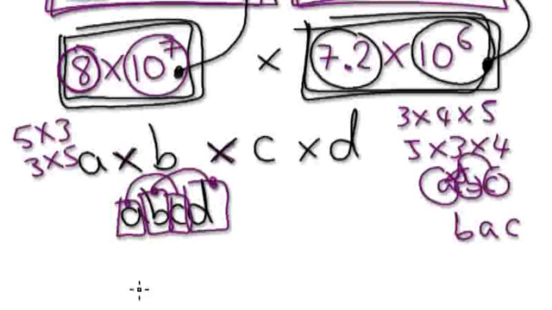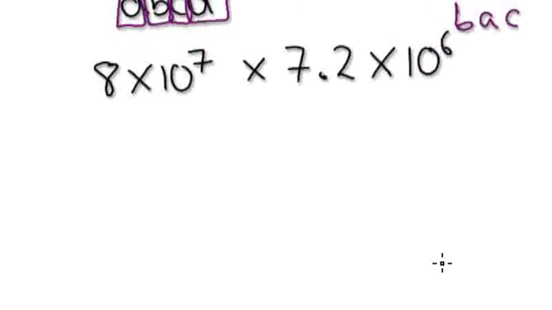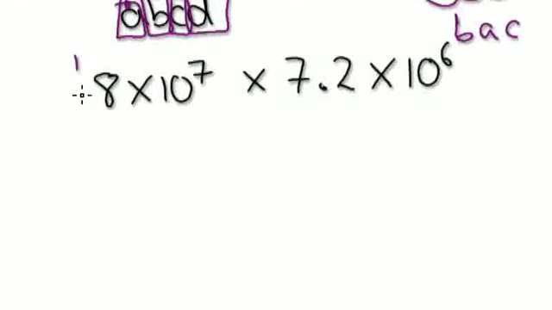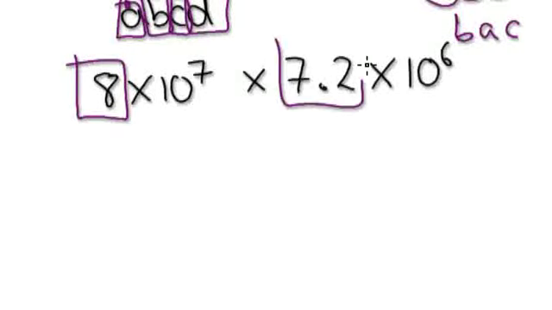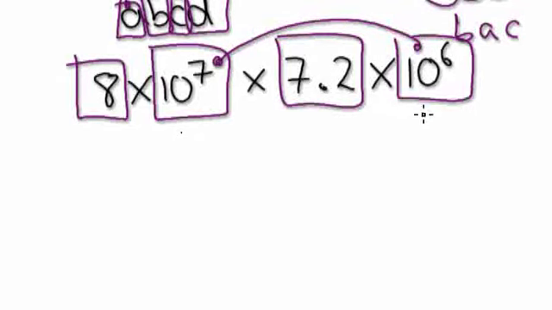Let me write this again. So we've got 8 times 10 to the power 7, times 7.2 times 10 to the power 6. My point here is get this times this first, and then we will get this times this, and then we can merge these two together. This times this is really easy.